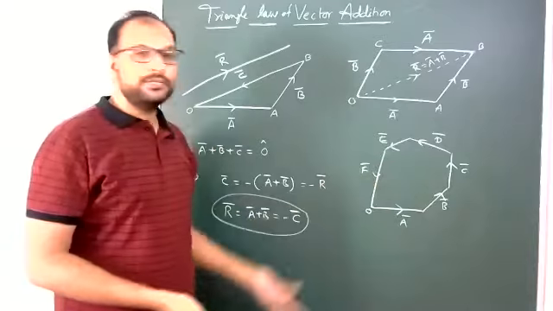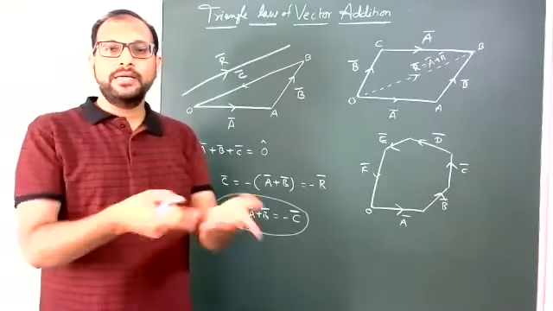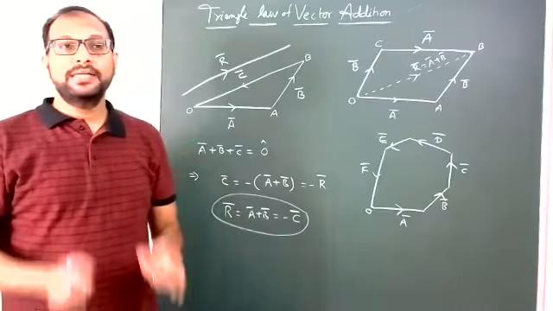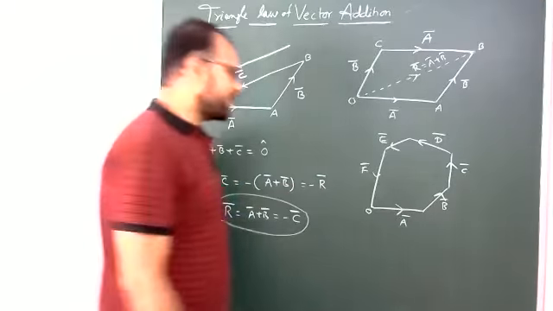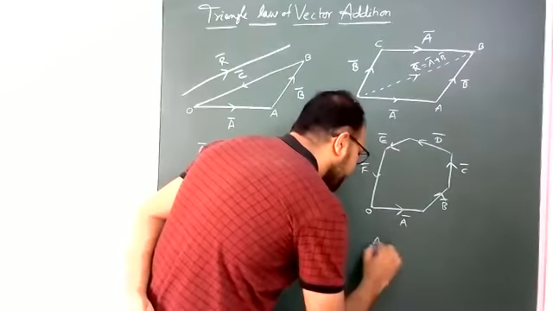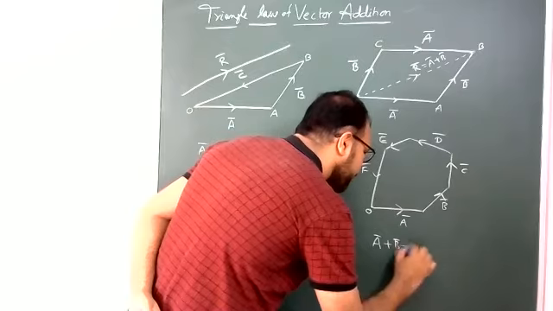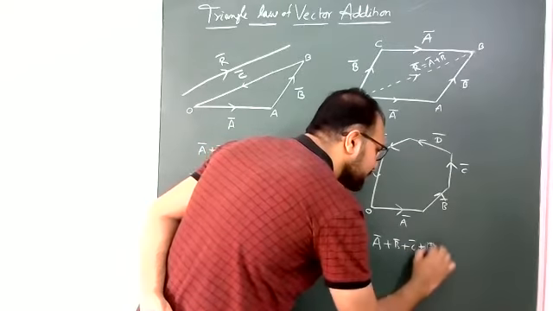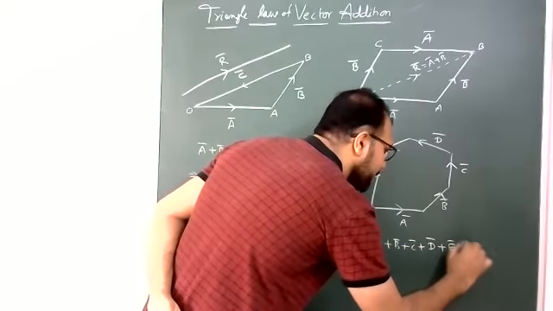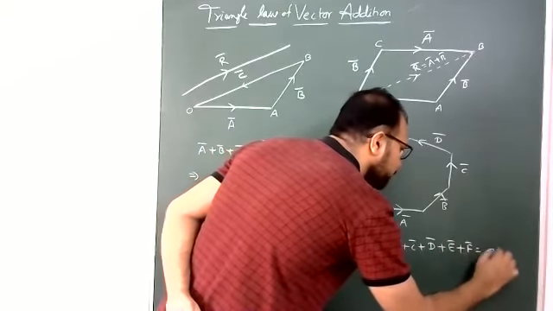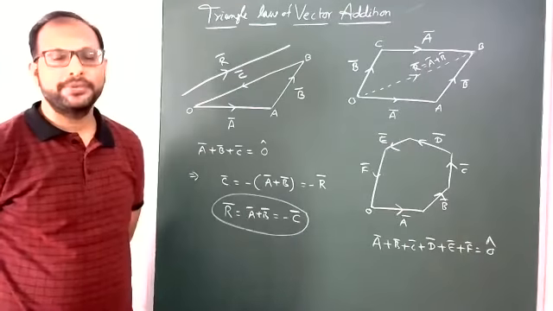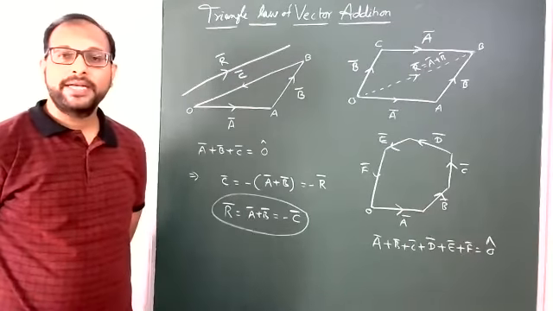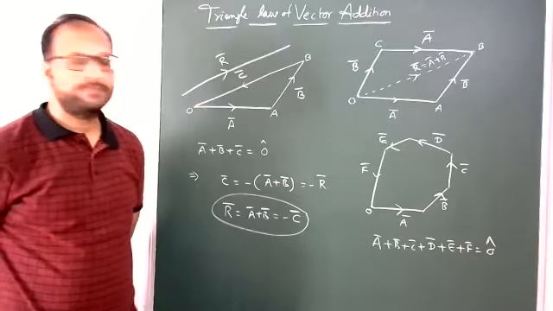But in the present diagram, starting and ending points are the same location. That means you get a null vector. So, students, A bar plus B bar plus C bar plus D bar plus E bar plus F bar equals the null vector. That is the zero vector symbol, meaning magnitude 0, starting point and ending point at the same location.